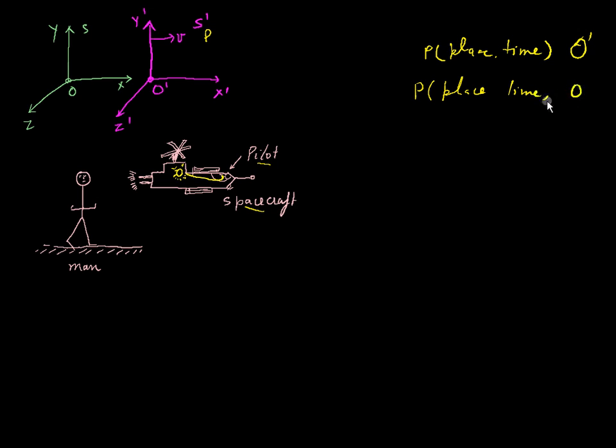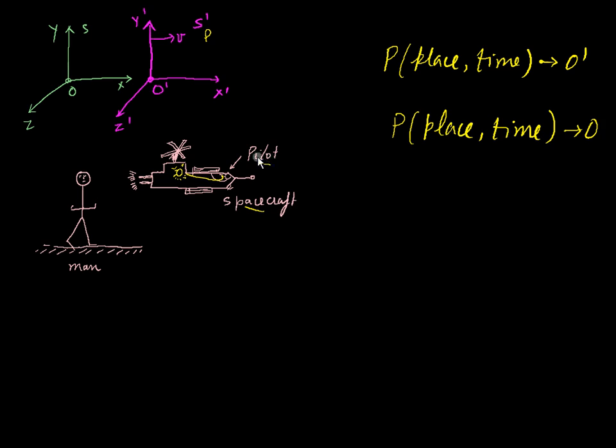So this is the observation of O. So the pilot will say that this event occurs at this place and at this time in his coordinate system, and mathematically they are x prime, y prime, z prime and t prime.